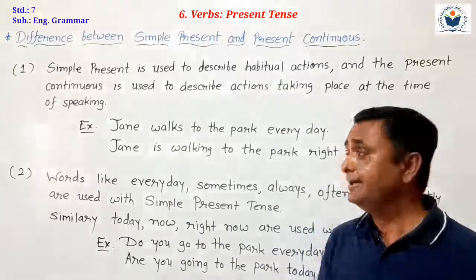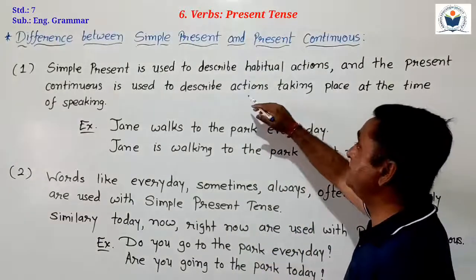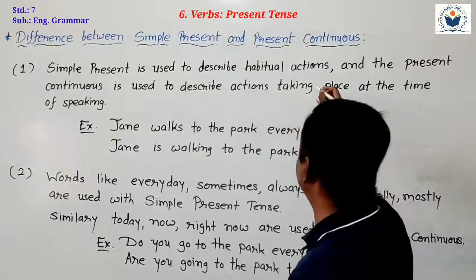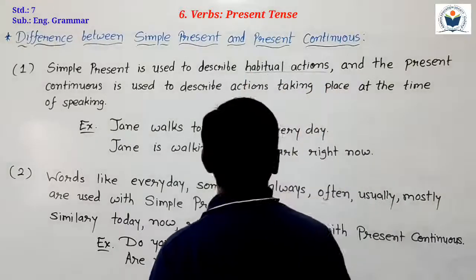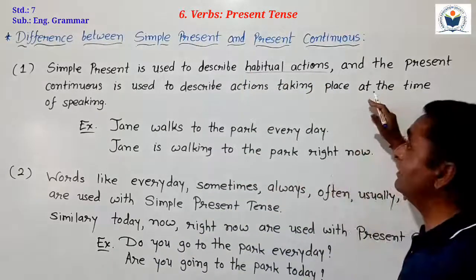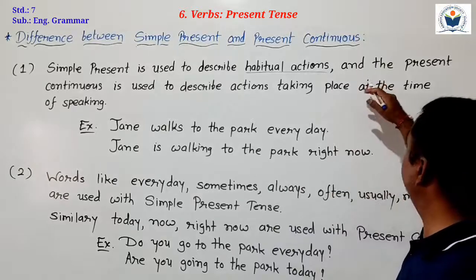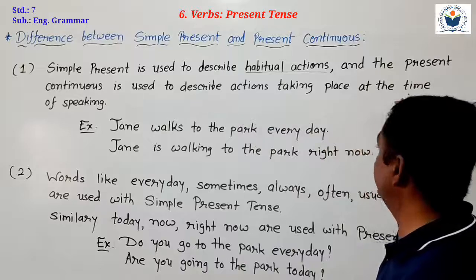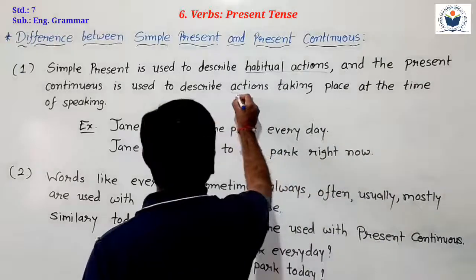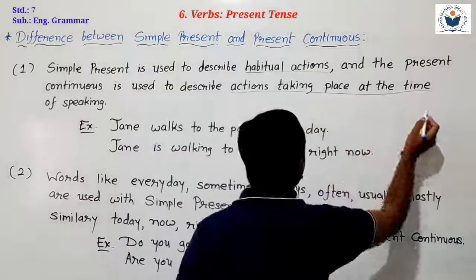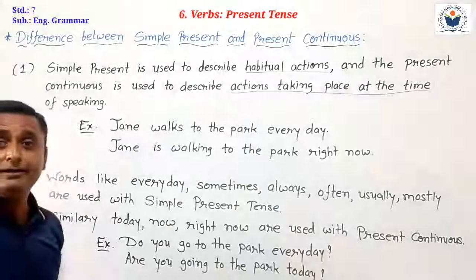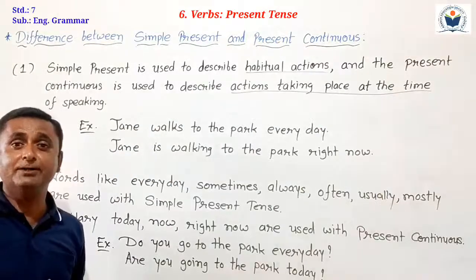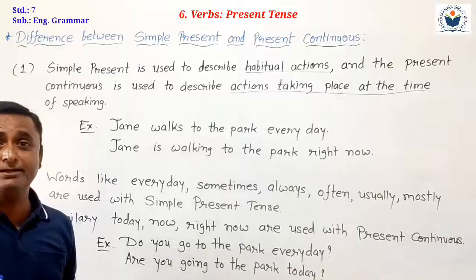As you know, in our previous video we learned that simple present tense is used to describe habitual actions, while on the other hand, present continuous tense is used to describe action taking place at the time of speaking. It is the major difference between simple present tense and present continuous tense.